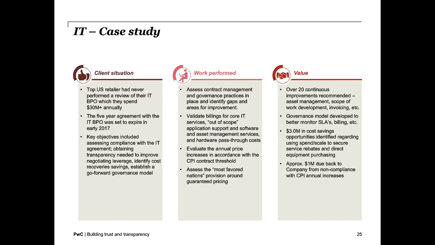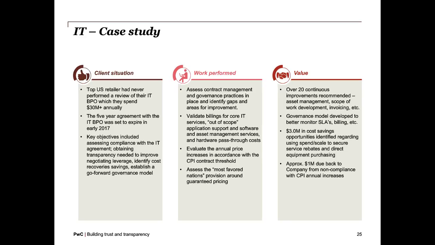The governance model had to be further enhanced and developed to more clearly monitor SLAs and KPIs. From a quantitative standpoint, there was a significant amount of money that can be saved going forward, over $3 million. That really had to do with the concept, again, of transparency that the client did not have. But once they began to really understand spend, scale, potential rebates that may be available to them, and renegotiating points, there were no doubt levers that can be pulled for them to save money going forward.